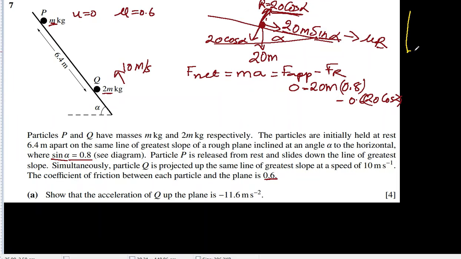I draw a triangle. This is alpha. Sine alpha, which is opposite over hypotenuse, is 0.8. That's what they have given. 0.8 can also be written as 4 over 5, isn't it? If I convert it to a fraction, it will be 4 over 5. So this will be 4, this will be 5.